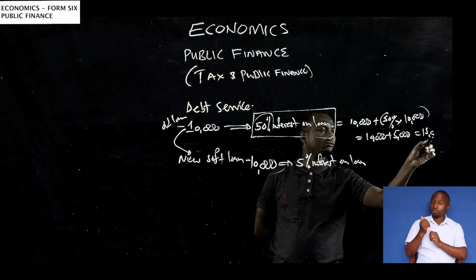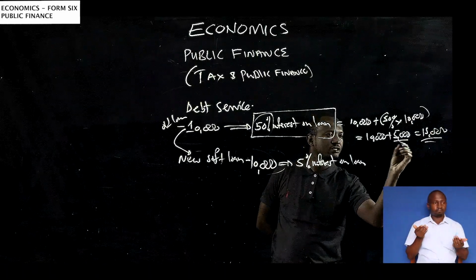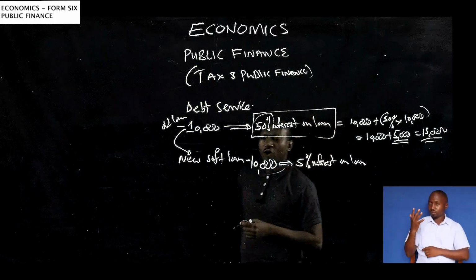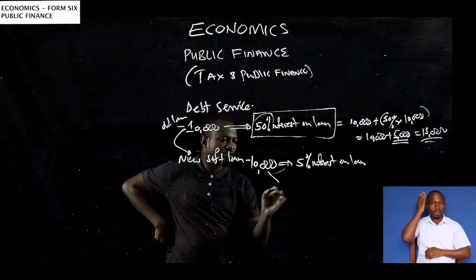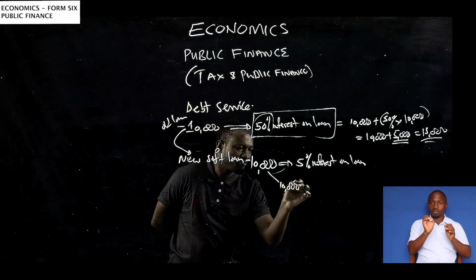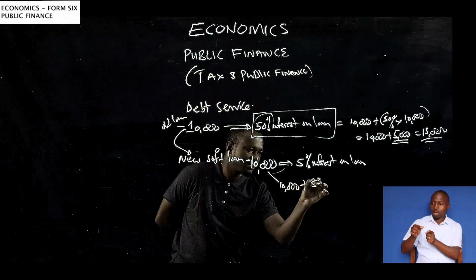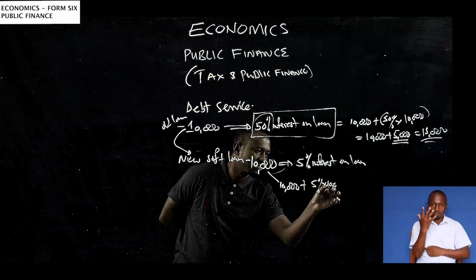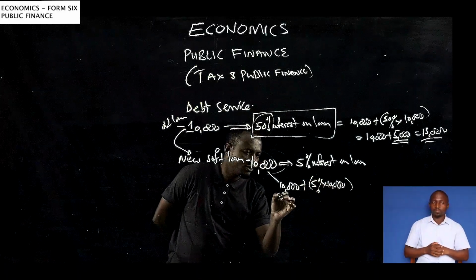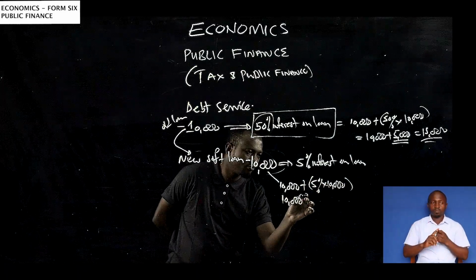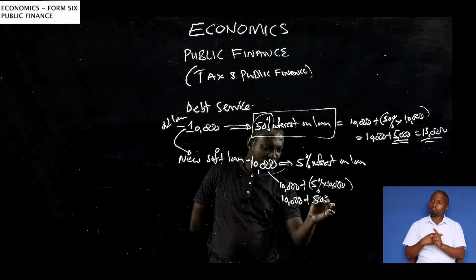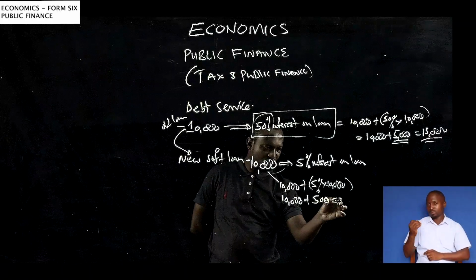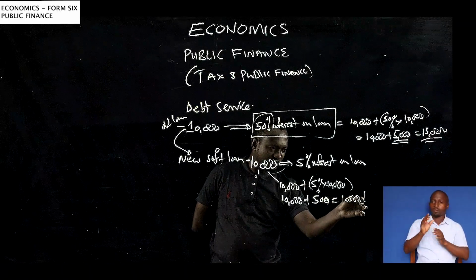So here there is interest of 5,000. While on the new loan, the government has to pay 10,000 plus 5% of 10,000, which is only 500.